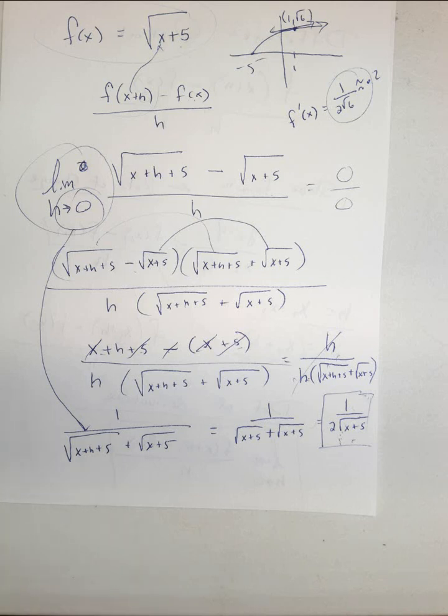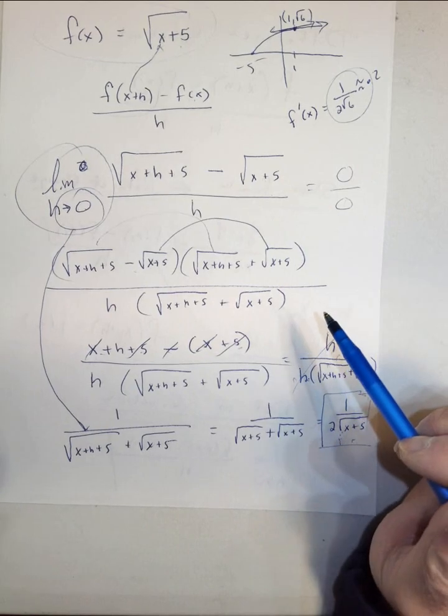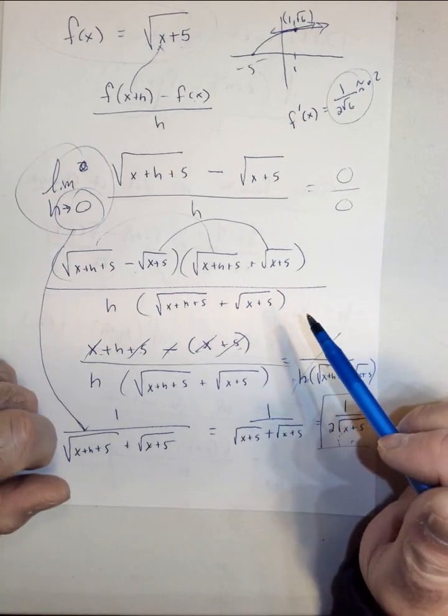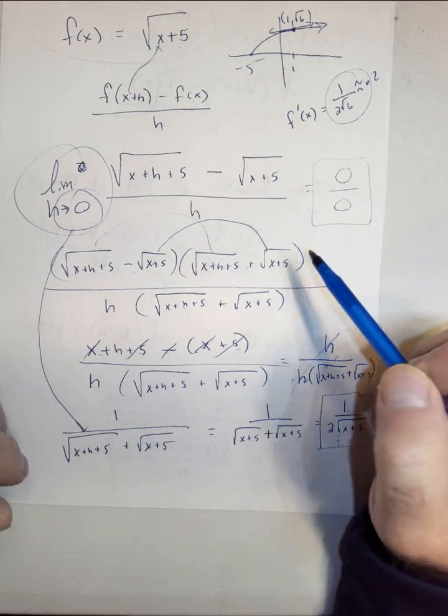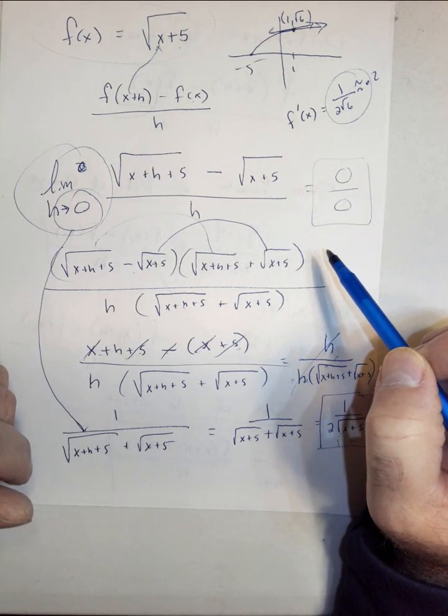So we're going to talk in 12.3 all about tangent lines, tangent equations, derivatives, but it all comes from doing the difference quotient, looking at the limit as h goes to 0, and every difference quotient, regardless of the function, is going to have that indeterminate form.